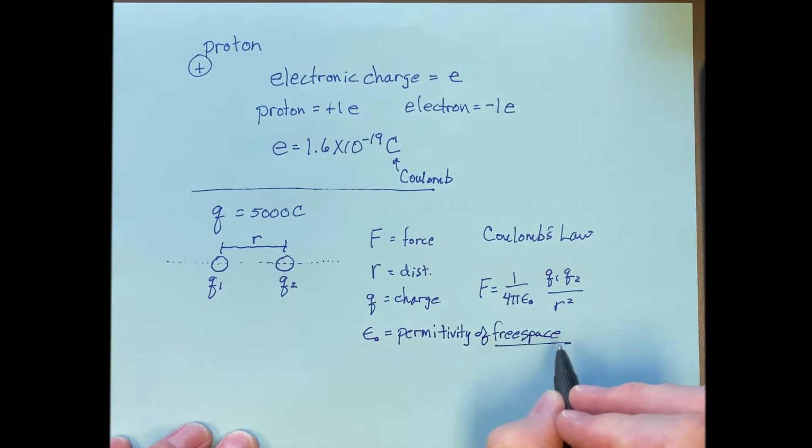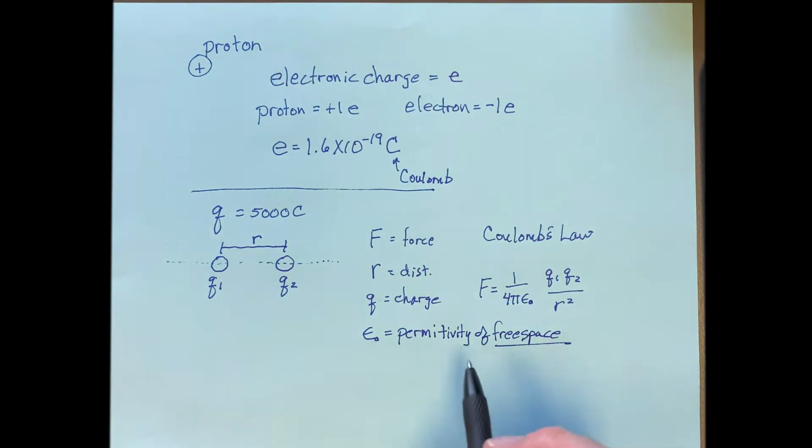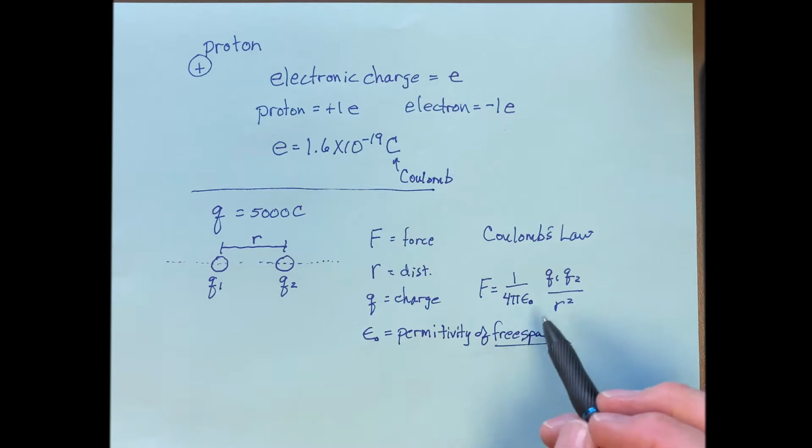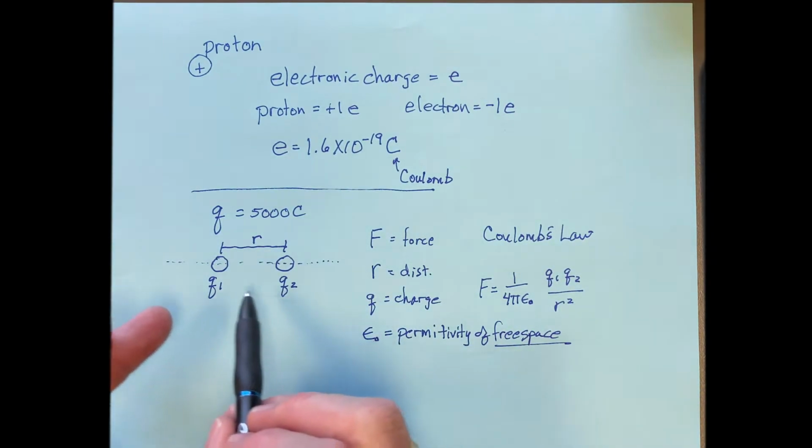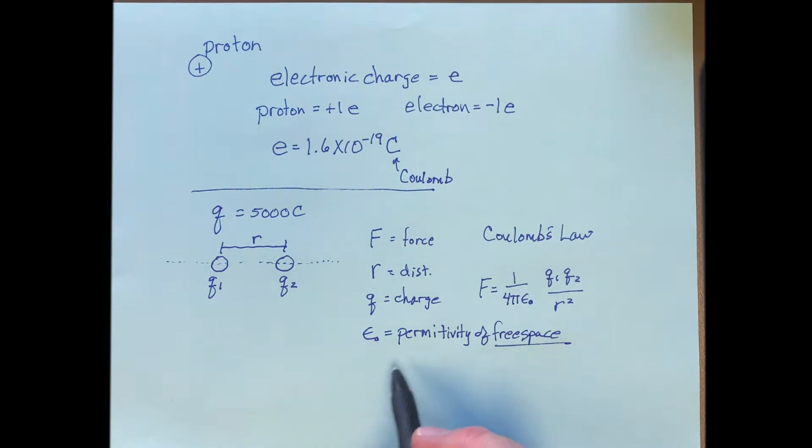Now, free space is just another word for vacuum. So this term is the permittivity constant for vacuum. And that has to do with the nature of the surroundings of how these two things interact. If we were not in free space, then the permittivity constant would change. But it is a set value.